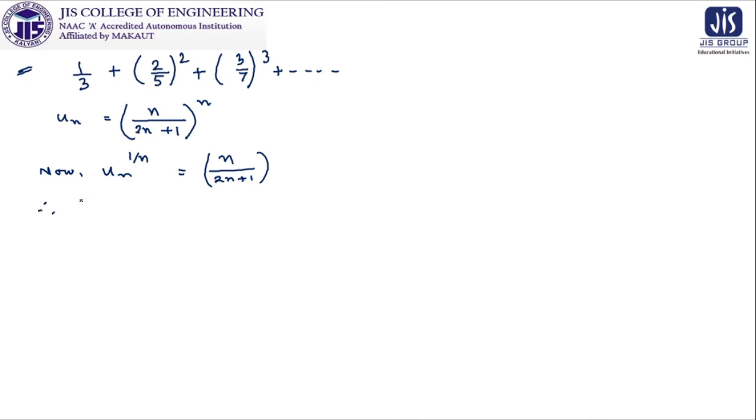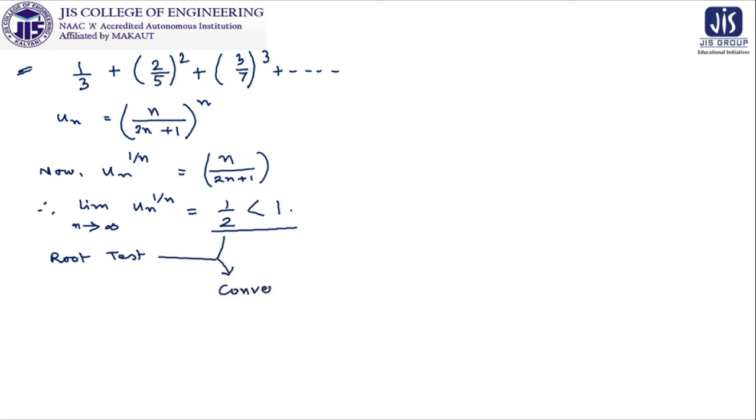So limit n tends to infinity un to the power 1 by n, by simple calculation, will give us half, which is less than 1. So the root test along with this condition gives us the conclusion that our series is convergent.